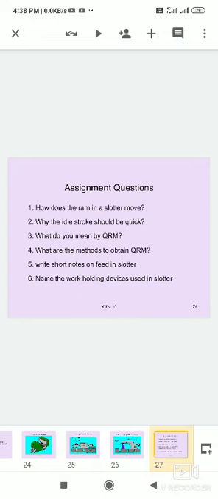And name the work holding devices used in a slotter. Work holding is necessary for every machine for cutting operations. Holding is necessary for workpieces. Work holding devices and tool holding devices also. It is a very important question for board examinations and mid exams also.